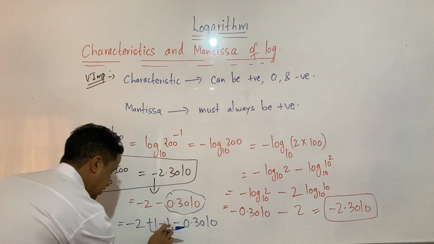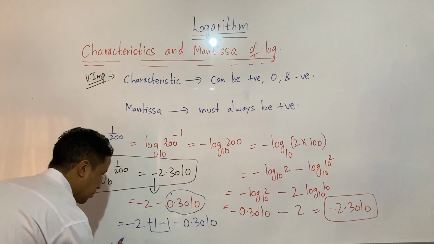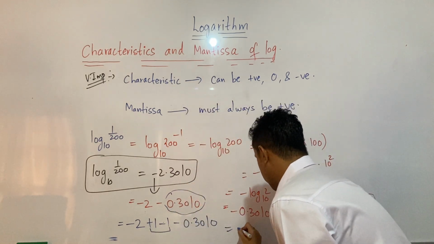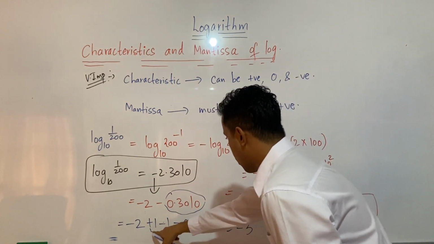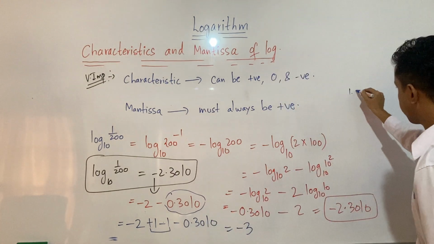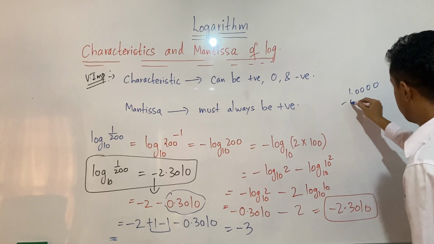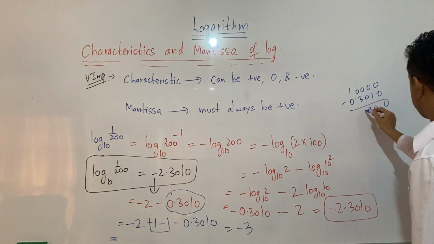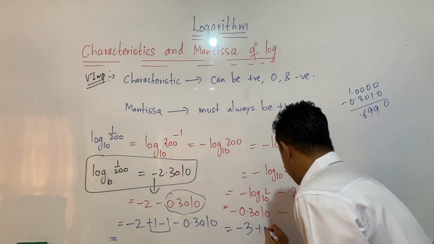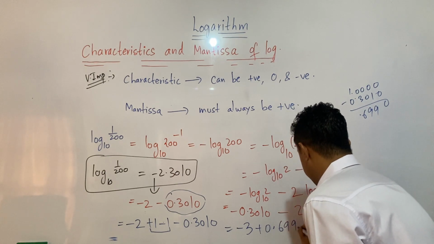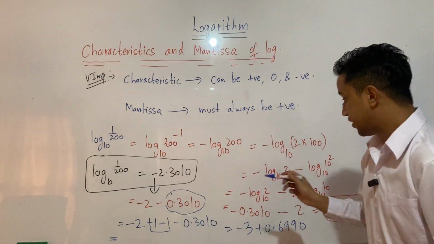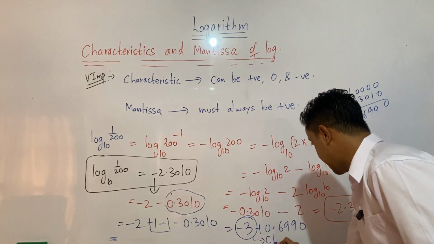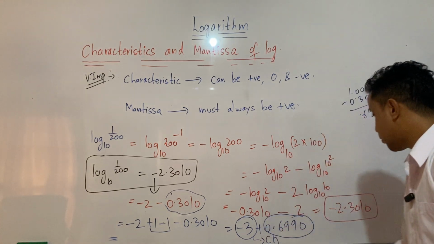This minus 1 will go with minus 2, so it's going to be minus 3, and 1 minus 0.3010 is 0.6990. So the characteristic is minus 3, and the mantissa is 0.6990.